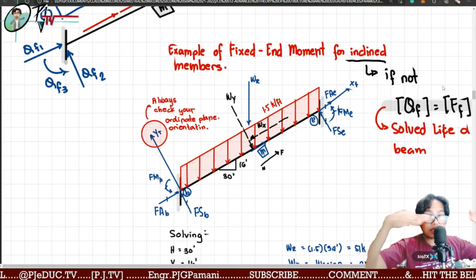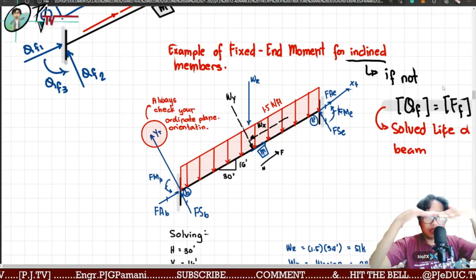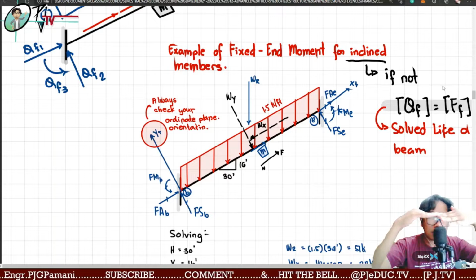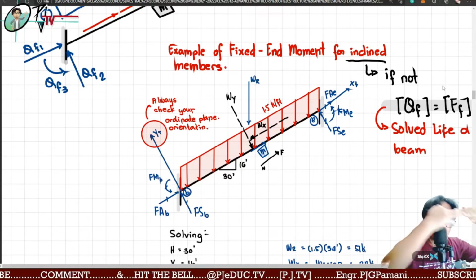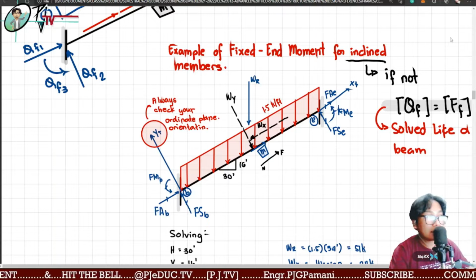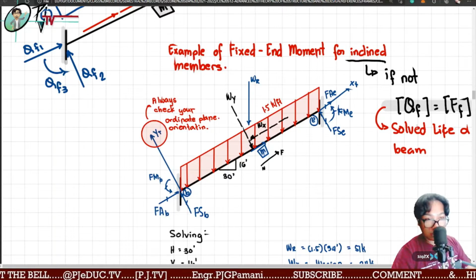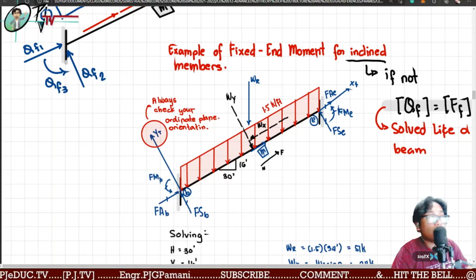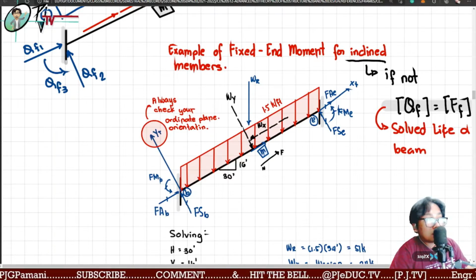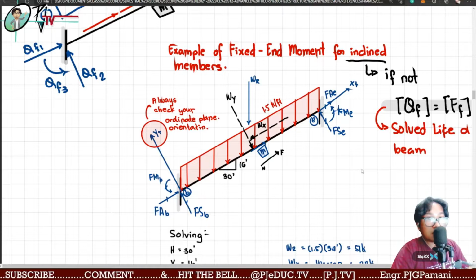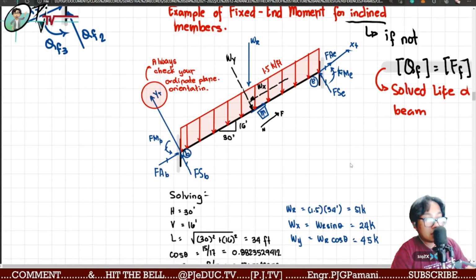Halimbawa, horizontal yung ating member, meaning the end forces and end moments on its local coordinate system are equal to its global coordinate system. But if it is inclined, we still need to convert it by multiplying the local coordinate system fixed end forces by the transpose of the transformation matrix. But later na lang yun.